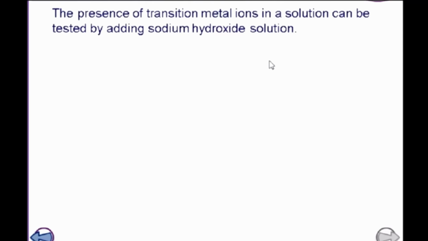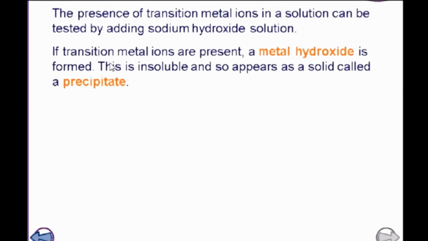Once more I repeat, the presence of transition metal ions in a solution can be tested when we add sodium hydroxide to it. It will give a particular precipitate of that color. So by that we'll know what transition metal hydroxide is present because of their unique color.